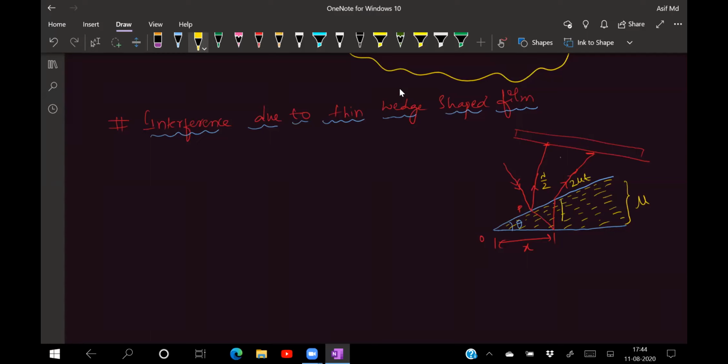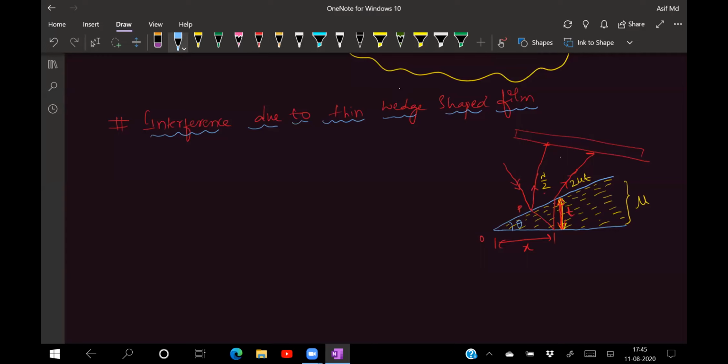Suppose the thickness of this film is T. So it goes down T and comes up T, and the refractive index is mu, so it is nothing but 2 mu t. Why? Because it is a thin film. And when it is reflected from the denser medium to the rarer medium, there is a path difference of lambda by 2. Please try to remember this; this much knowledge is more than enough for us right now.